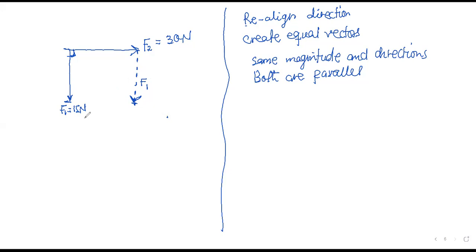Then I can also create an equal component of F2 and place it on the head of F1. I need to measure the same magnitude as F2, the length from here to where the arrow is.